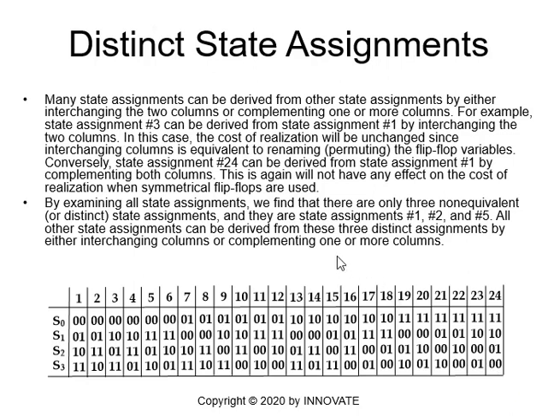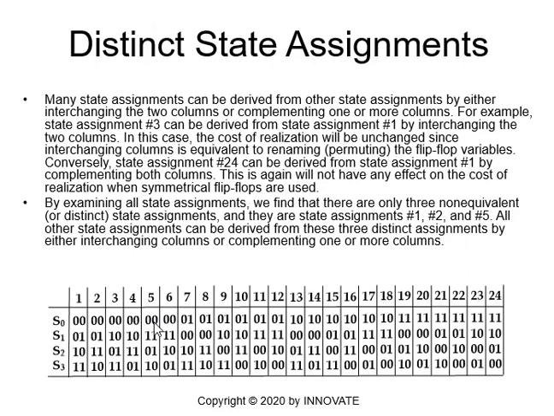So by examining all state assignments, we find there are only 3 non-equivalent or distinct state assignments, and they are state assignment number 1, 2, and state assignment number 5. All other state assignments can be derived from these 3 distinct assignments by either interchanging columns or complementing one or more columns.